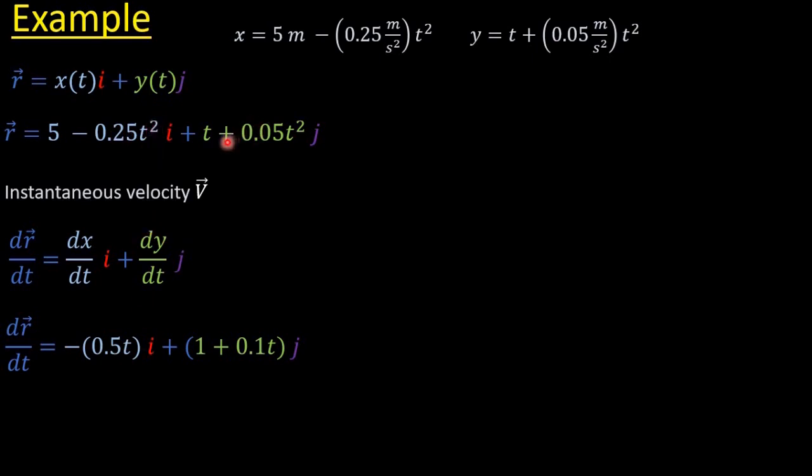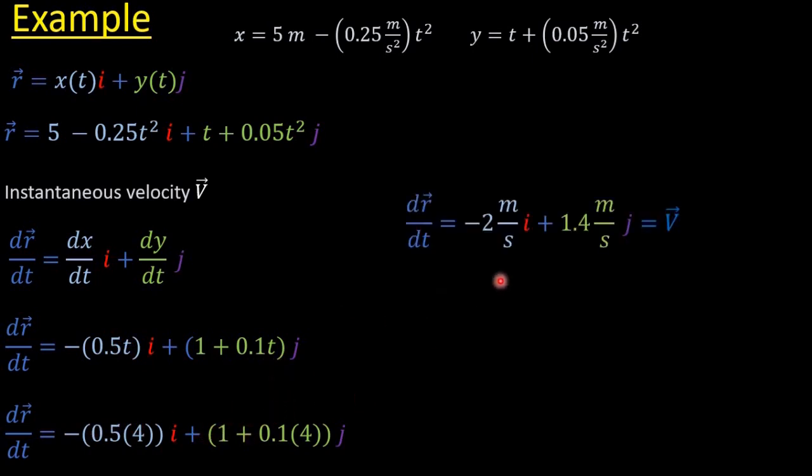Do the same thing here. The derivative of t is just going to be 1, and the derivative of this will give me 0.1 times t. And then I substitute time t is 4 seconds into there and into there to get this, and then simplify that down with my calculator to get dr dt as minus 2 meters per second in the i direction plus 1.4 meters per second in the j direction, and that is the instantaneous velocity written in vector form.